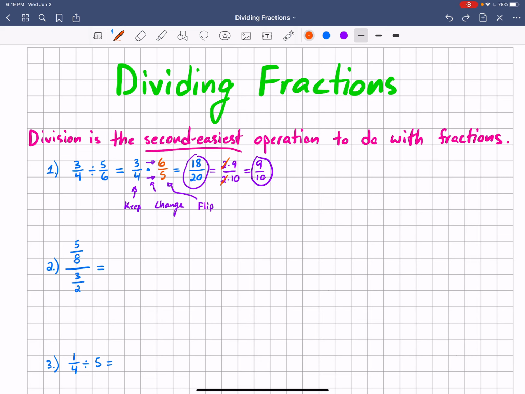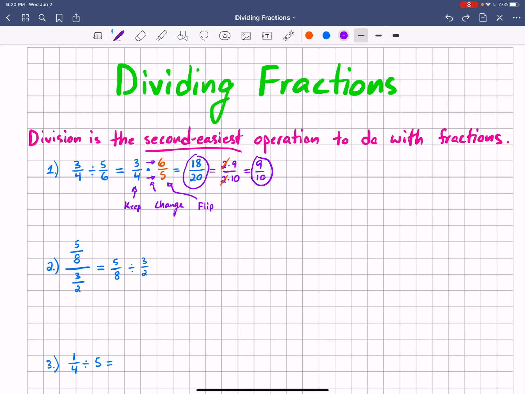No matter what this looks like, we can rewrite that as long as we make sure that when we read it, it still reads 5/8 divided by 3/2. So 5/8, 3/2, and division.